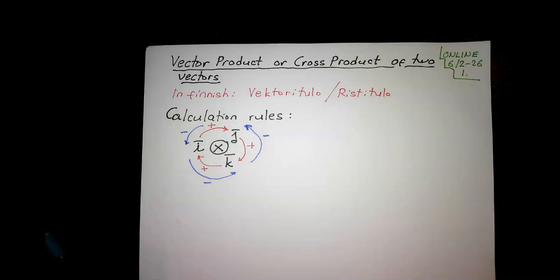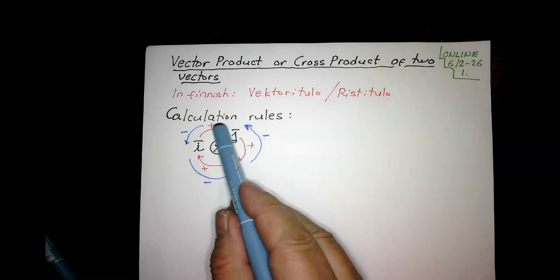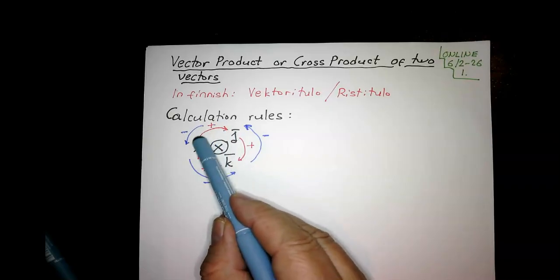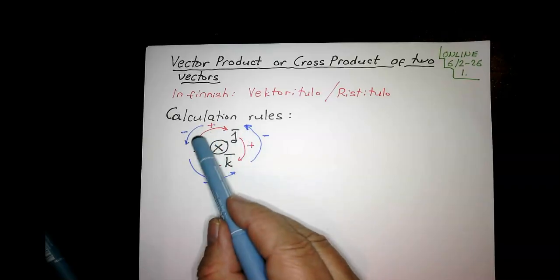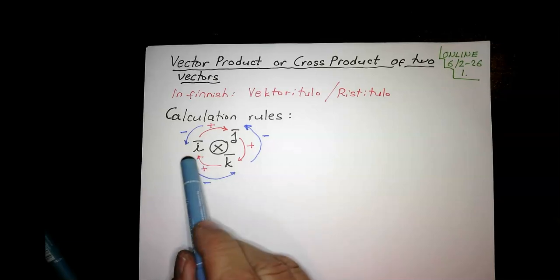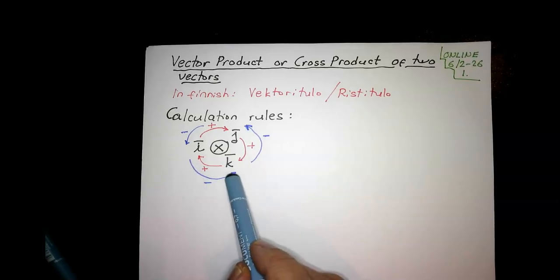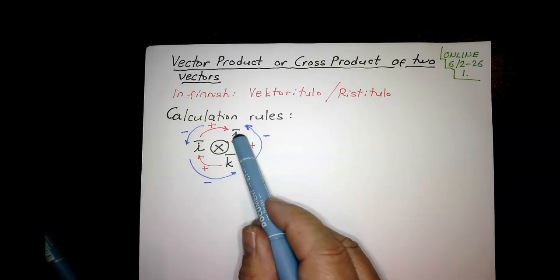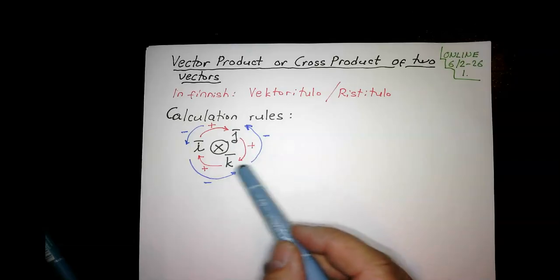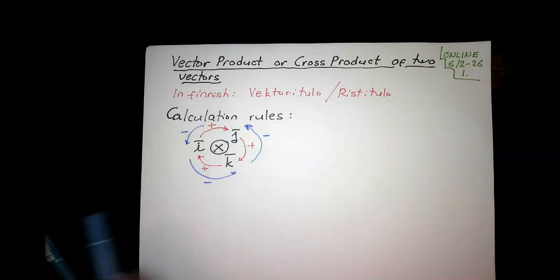So if we multiply j with i, j cross i, and we are going in the negative direction, we will get the result k, but it is minus k. And also i cross k, going in the negative direction, we get the result minus j. And the last one, k cross j, will be minus i.